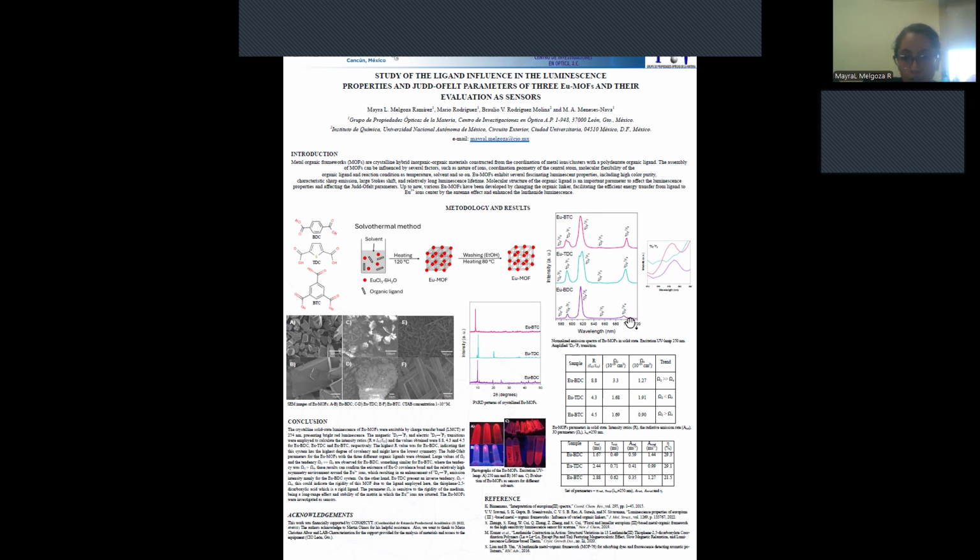Omega-4 is calculated using the intensity of this transition, which is also an electric dipole transition but not a hypersensitive transition, and it is the 7F4. As said before, these two have a trend where omega-2 is higher than omega-4.